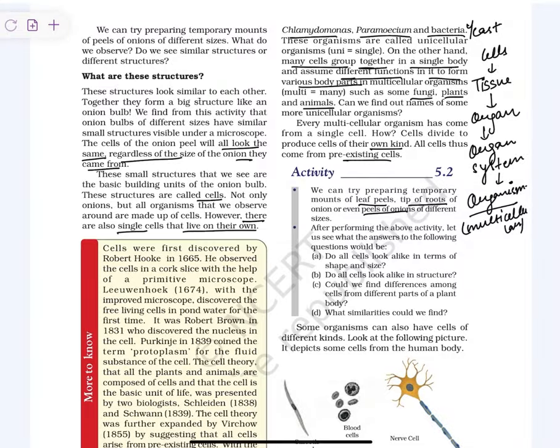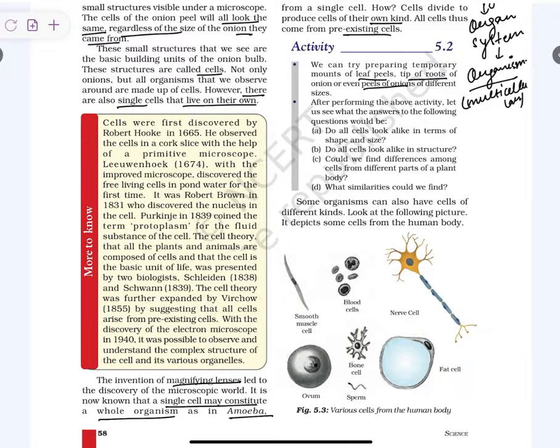So before we move on to the next, let's understand this more. Here it is written that in 1665 Robert Hooke discovered the cells. Then in 1674, Anton von Leeuwenhoek discovered free living cells in pond water.